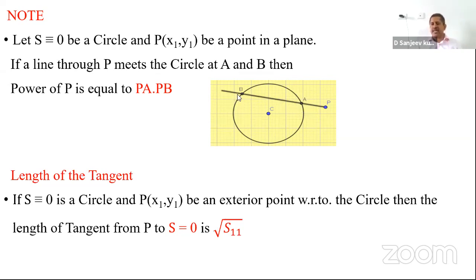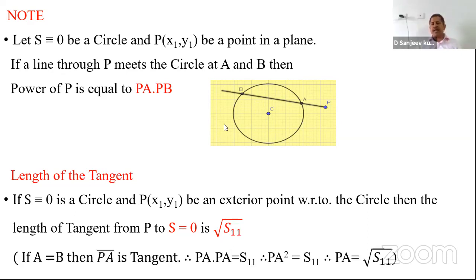That is the definition of tangent. The secant is going to become a tangent as the point B comes closer and closer to A. So once B comes closer and closer to A, what you get is the length of the tangent, which is square root of S11. As B tends to A, you have only 1 point, not 2 points.